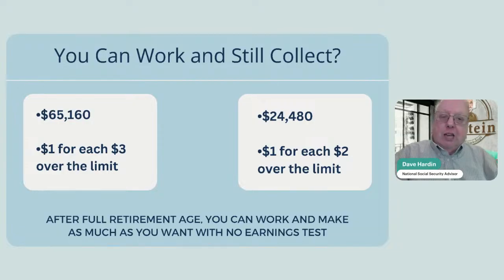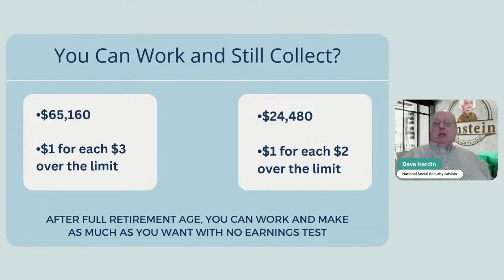Okay, if you take your benefit at 62, 63, 64, 65, for some of you at 66, and you continue to work employed, and you earn more than $24,480, for every $2 more than that $24,480, they're going to reduce your Social Security benefit by $1.